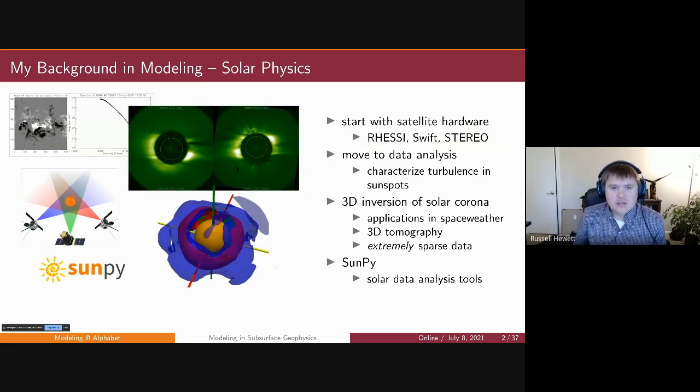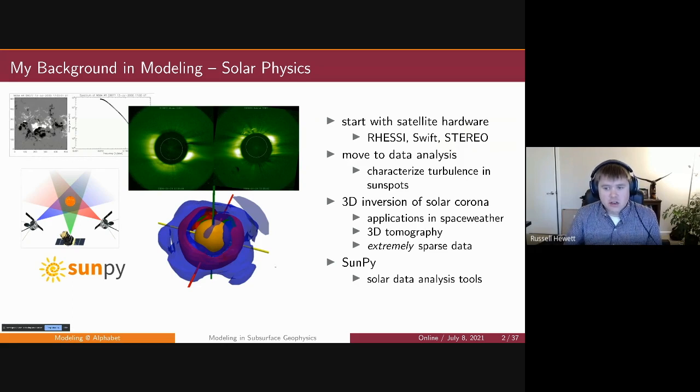So I started off working in solar physics, a little over 20 years ago, working on satellite hardware. I found that hardware engineering was not my thing. And so I switched to doing some data analysis on some of the satellites that I actually did work on, and eventually stumbled into working on a PhD where I learned about inverse modeling and inverse problems.